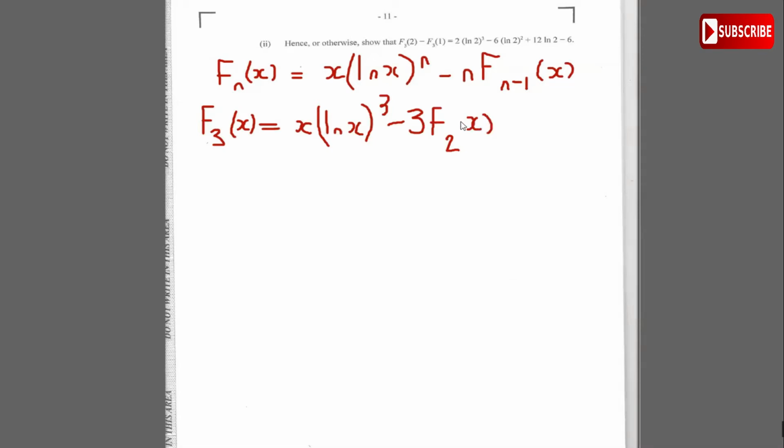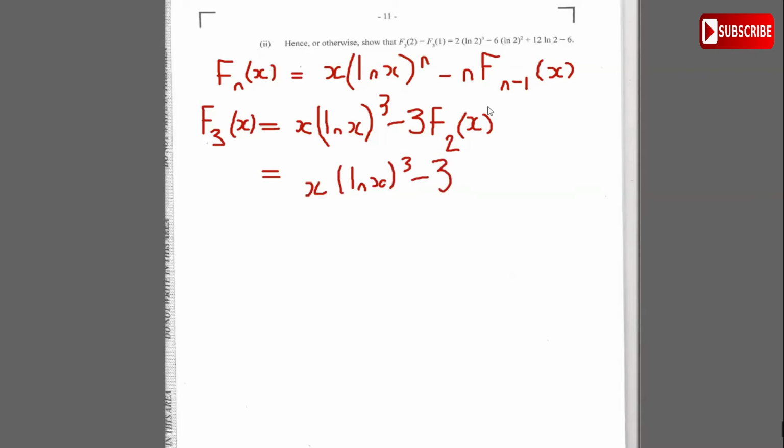Right. Now that that is what we get, we can continue, and so f3(x) is equal to x (ln x)^3 minus 3 times f2(x).